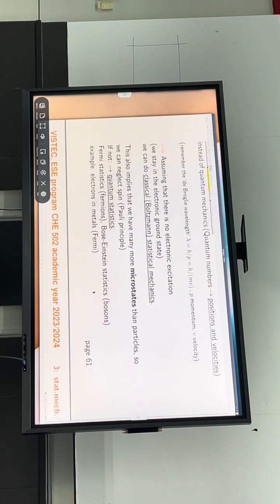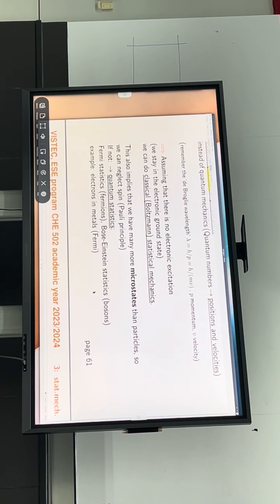Now, the argument here is that you have many, many more microstates than you have particles. You have millions and millions more microstates than you have particles. So the probability to put 2 spins like this, or maybe to put 3 spins in one state, is very, very low.